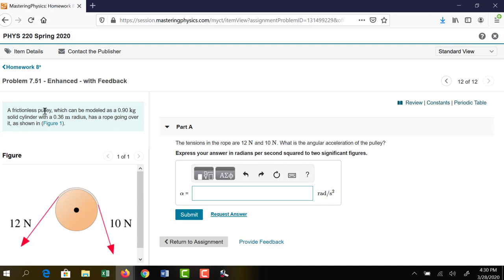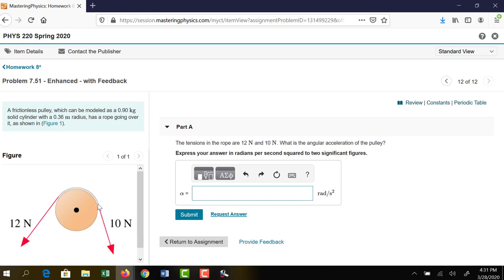A frictionless pulley can be modeled as a 0.9 kilogram solid cylinder of radius 0.36 meters, and it has a rope over it as shown in the picture. So here's 12 newtons applied over here at 0.36 meters, so you can figure out the torque.